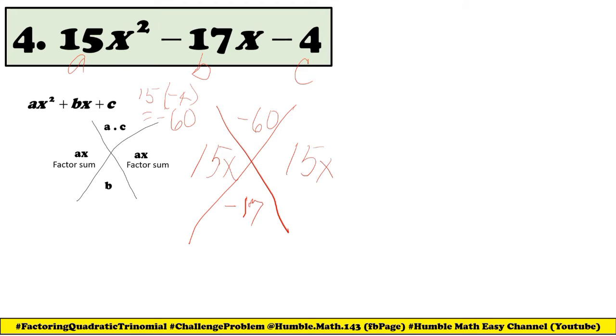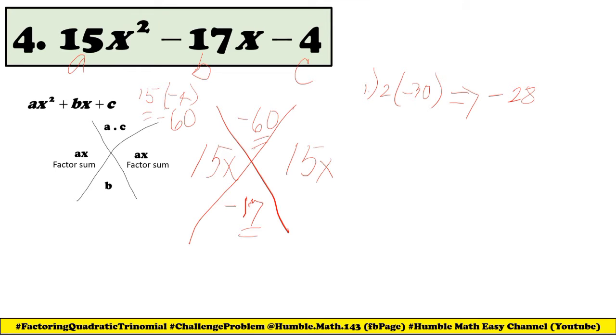So what does this mean? We're going to look for the factors of negative 60 whose sum is negative 17. Let's work it out. Let's say 2 times negative 30. The product is negative 60, but the sum is negative 28.